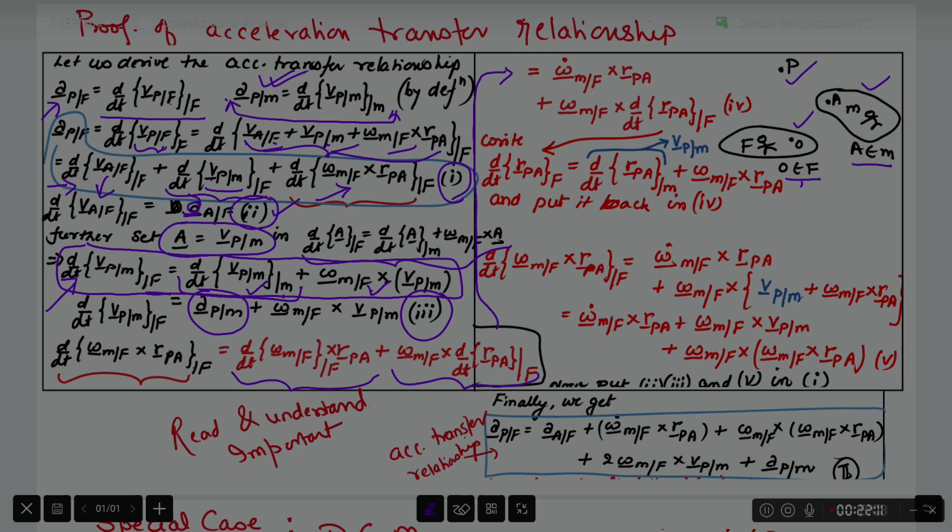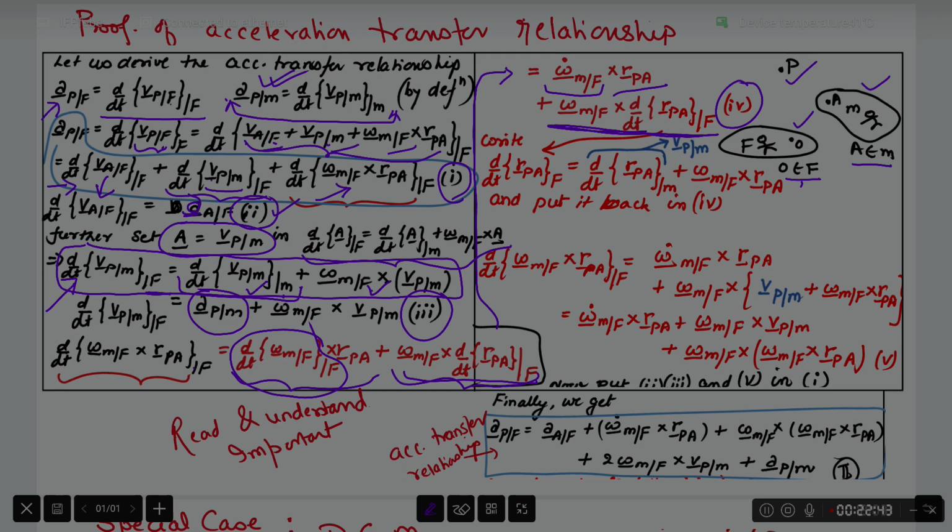The first term, d/dt of omega MF with respect to F, is nothing but the angular acceleration of M with respect to F, and of course cross with RPA. Whereas the second term, what you see here, I have just kept it as before at this point. I call this equation number 4.